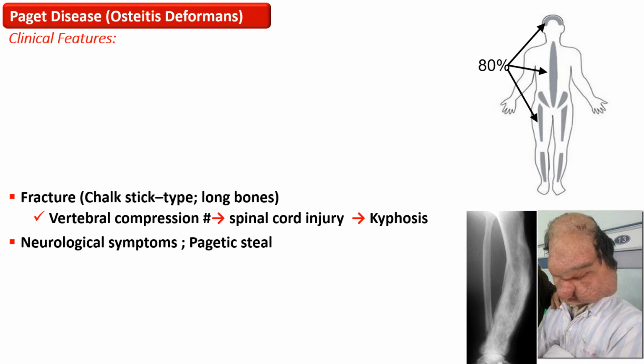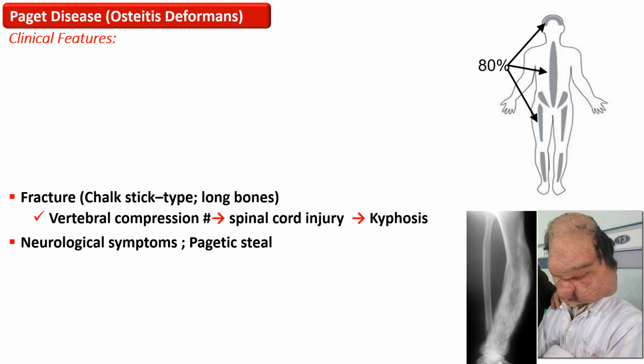Fractures are also encountered, and these fractures are of chalk stick type in long bones, while in the vertebral body they show compression fractures that result in spinal cord injury or various deformities such as kyphosis. Neurological symptoms are also seen, and one phenomenon is termed Pagetic steal.